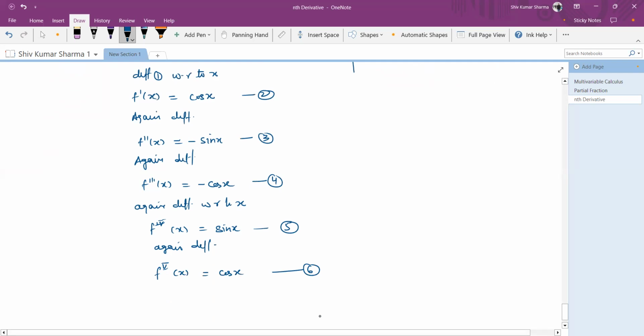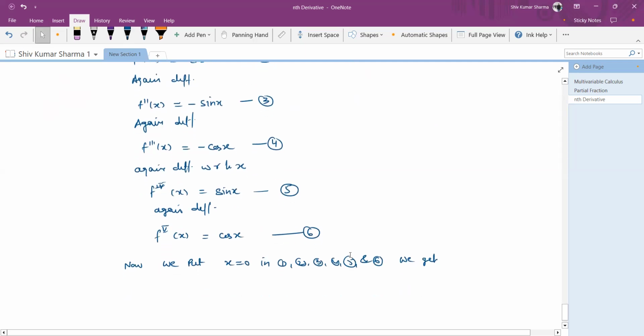Okay. Now we put x equal to 0 in equations 1, 2, 3, 4, 5 and 6. So we have to prove the Maclaurin series at x equal to 0.